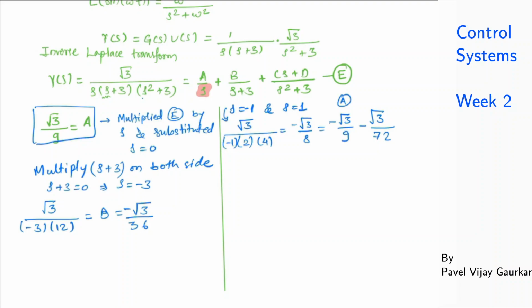Then s is minus 1, so we'll have minus c plus d divided by s square plus 3, which is 4. So if we solve for this, we get under root 3, and 2 into 4 is 8. Oh, we already had that.